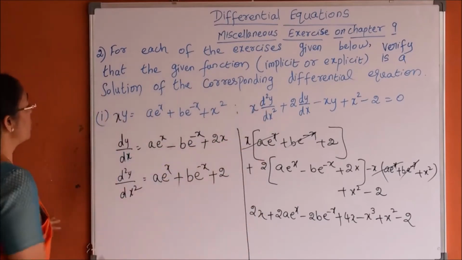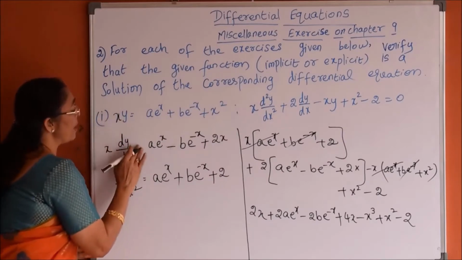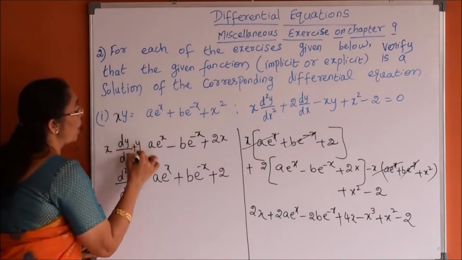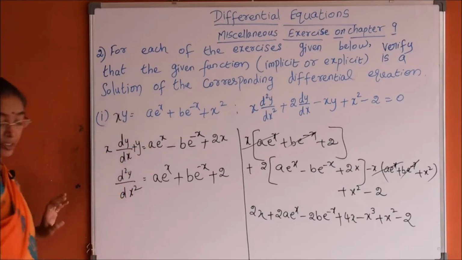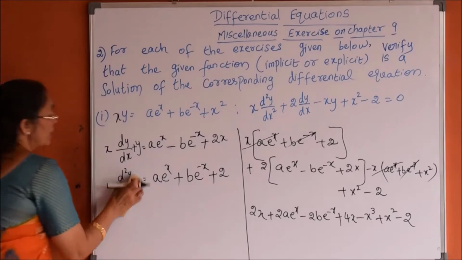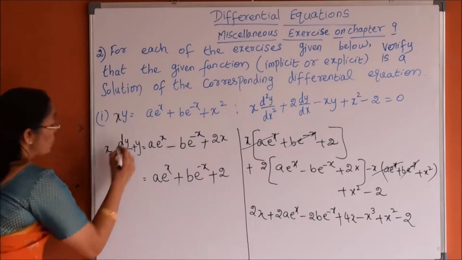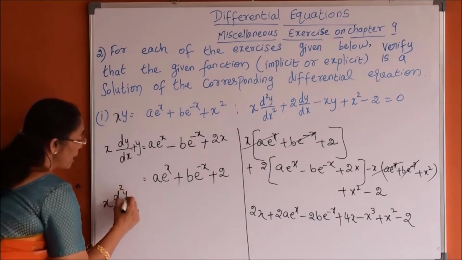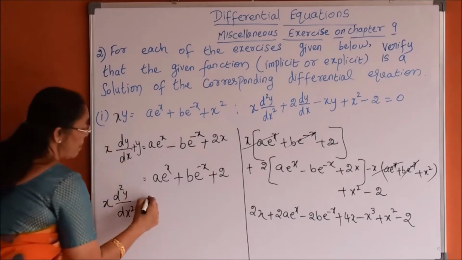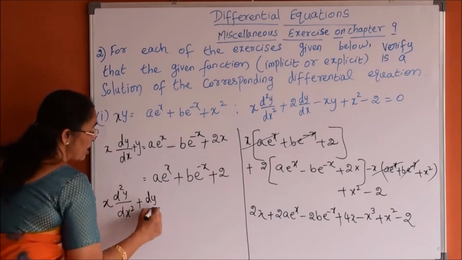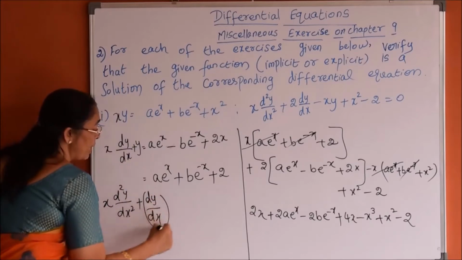So if it is xy, for the left hand side, it will be product rule: x into dy by dx plus y into differentiation of x, which is 1. Again for the second time, it will come as x into dy by dx, that is d square y by dx square, plus dy by dx into differentiation of x, which is 1, plus differentiation of y, which is dy by dx.